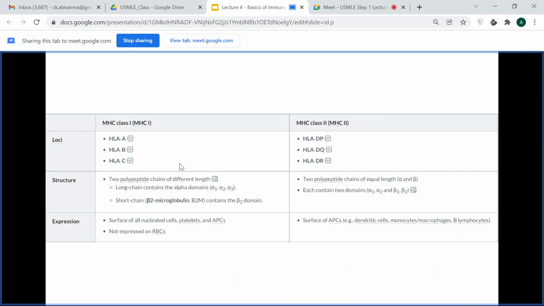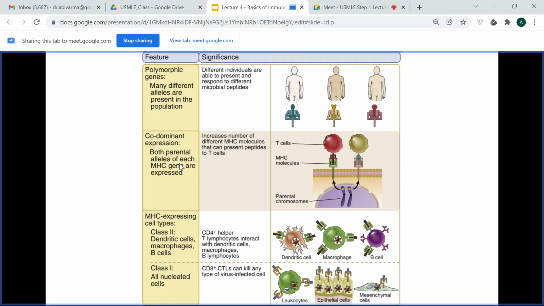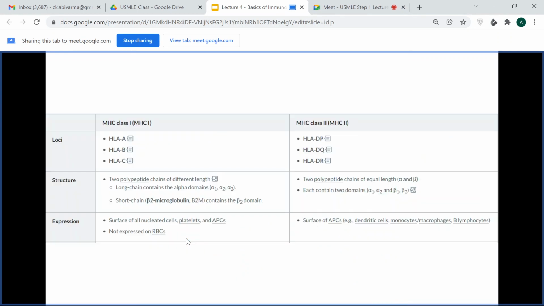So MHC class 1 reacts to intracellular pathogens and viral particles, versus MHC class 2 that mostly tries to react to extracellular microbial pathogens, usually like a bacterial attack or something like that.